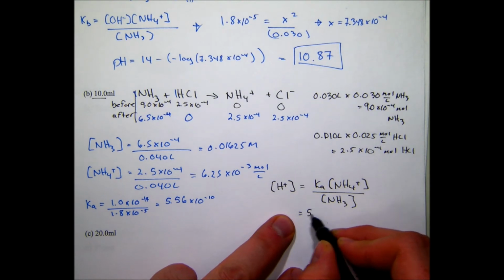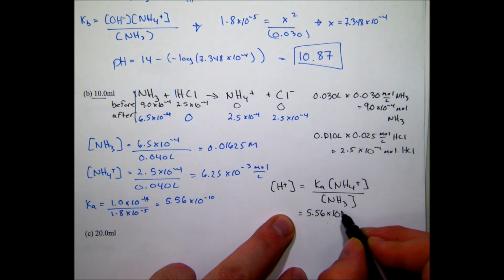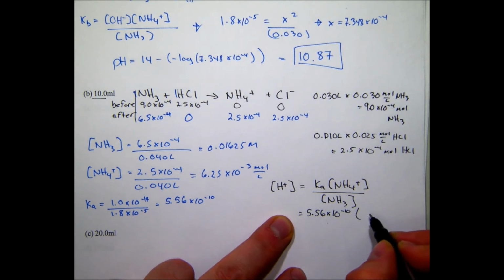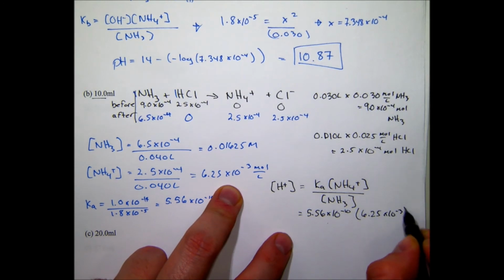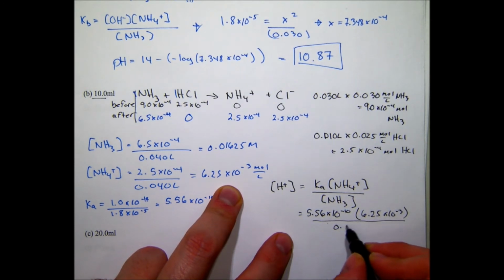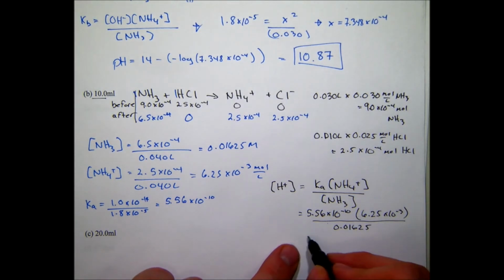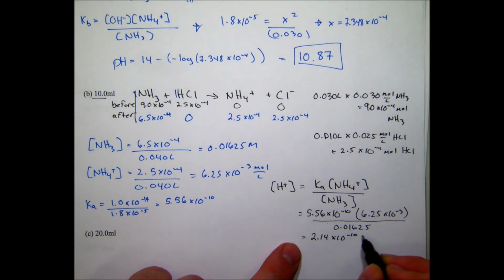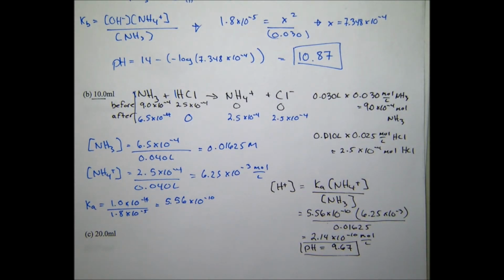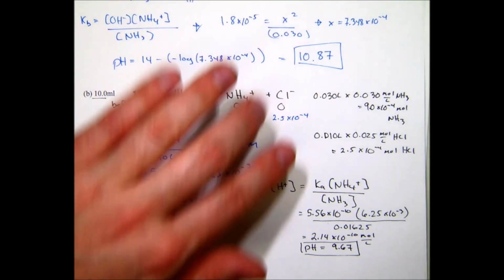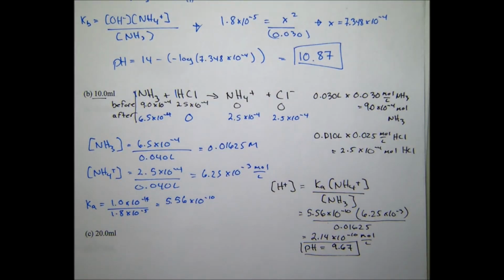So that's equal to 5.56 times 10 to the negative 10 times the concentration of ammonium, which equals 2.14 times 10 to the negative 10 moles per liter. The pH then is equal to 9.67. So we're going to streamline that going forward, but as you can see, we've added 10 mils of an acid, so the pH has dropped some. In the meantime, we have created a buffer though.